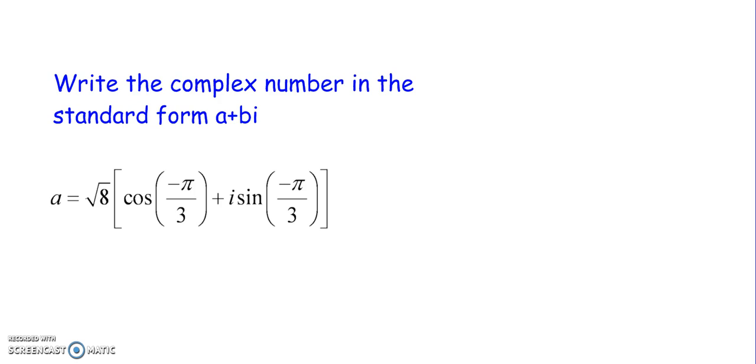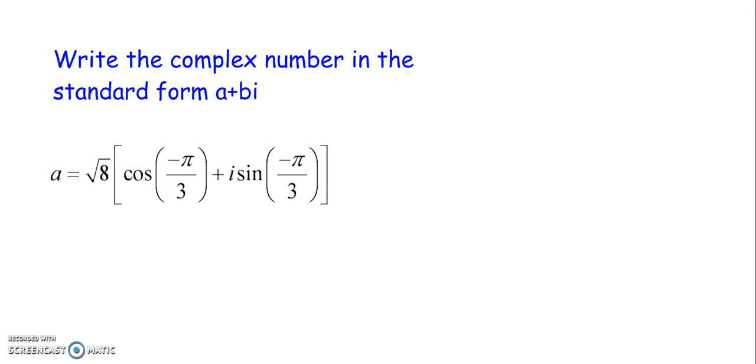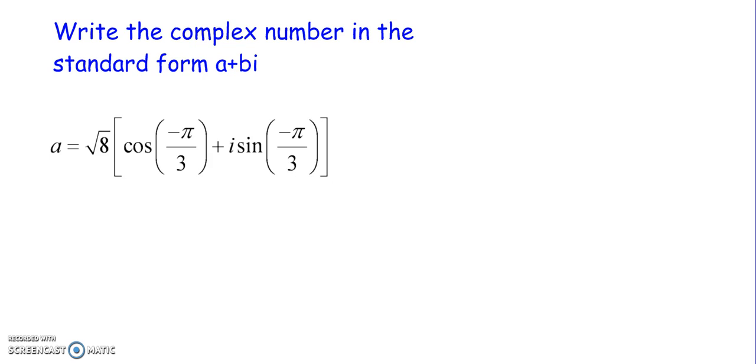All right, so that was writing in trig form. Now let's take trig form and go back to standard form. In fact, I actually think this method is easier because all it really revolves upon is we should know the cosine of negative pi over 3.